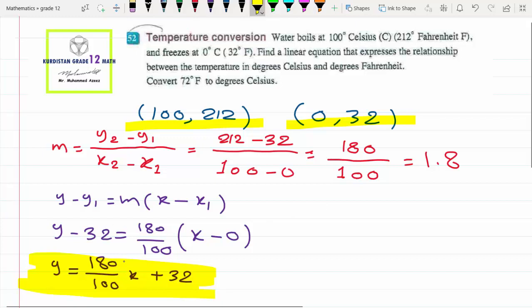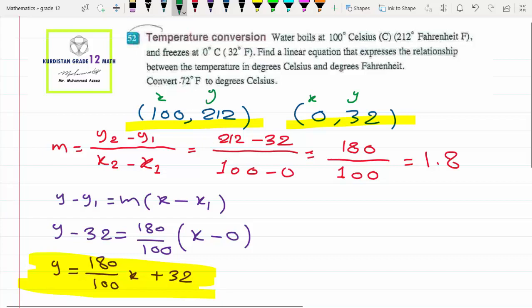We found the linear equation, and then when we have 72 Fahrenheit, if we look back here, we chose the Celsius degrees as x's and the Fahrenheit as y's in both points.